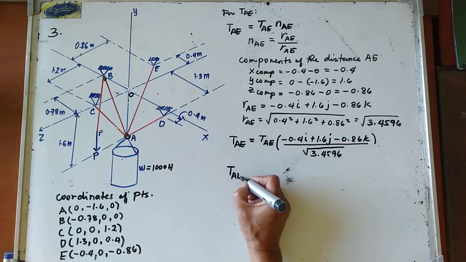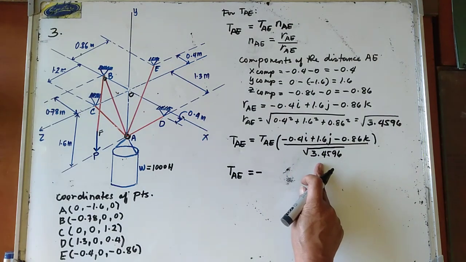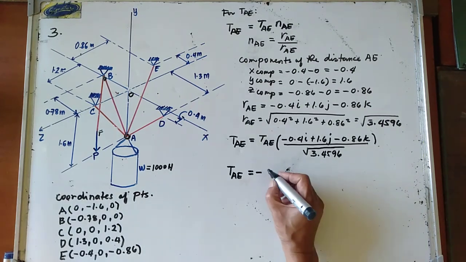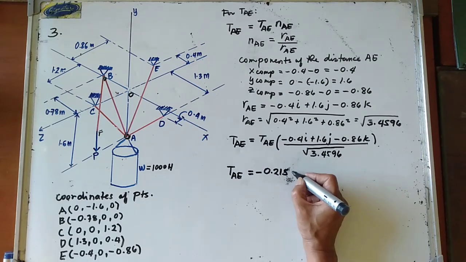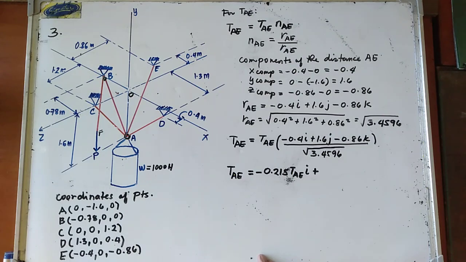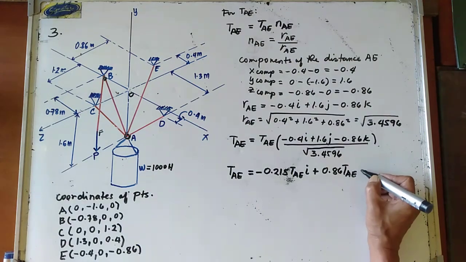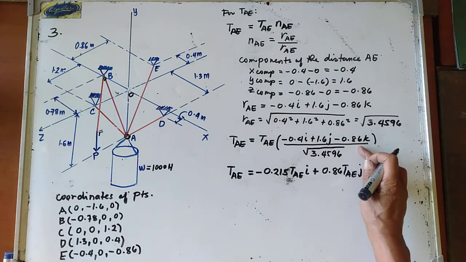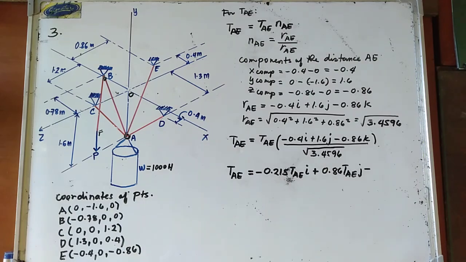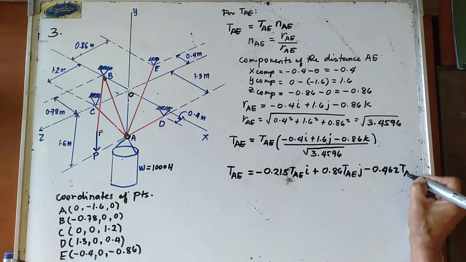So your TAE is equal to minus 0.4 over the square root of this value is 0.215 TAEi, plus 1.6 over the square root of 3.4596 is 0.86 TAEj, minus 0.86 all over square root of 3.4596 is 0.462 TAEk.